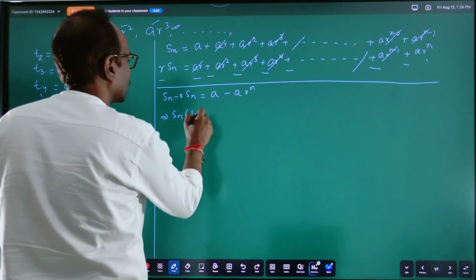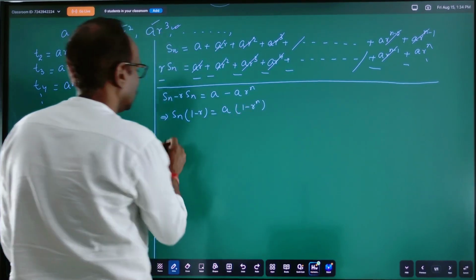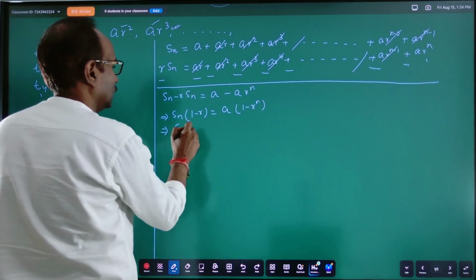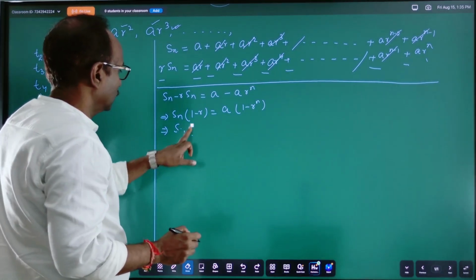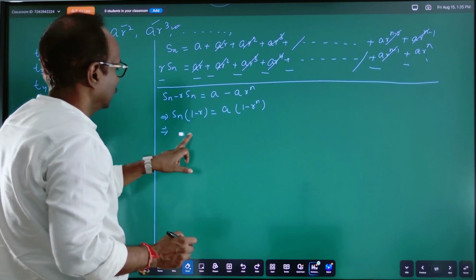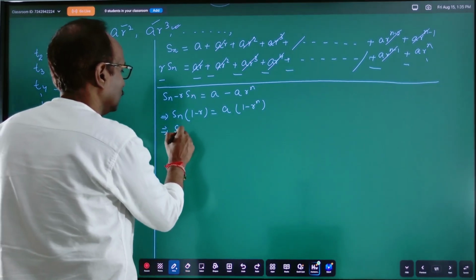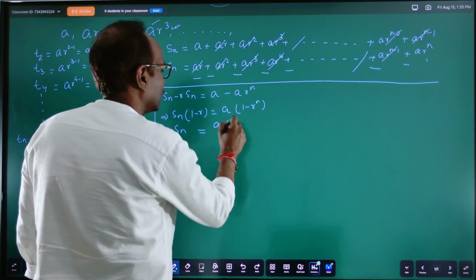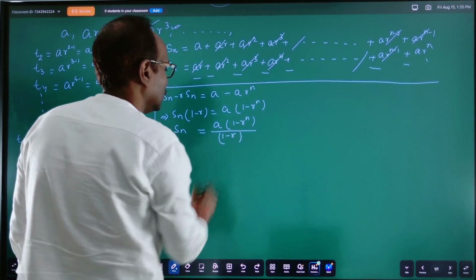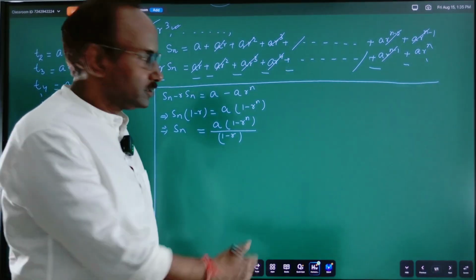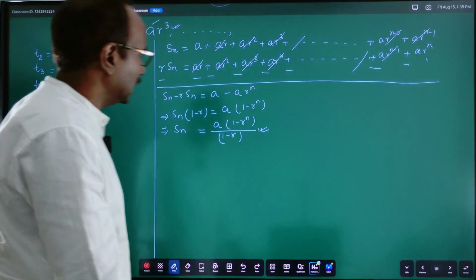Take common. So you have reached the same equation which we used in the previous problem for solving.